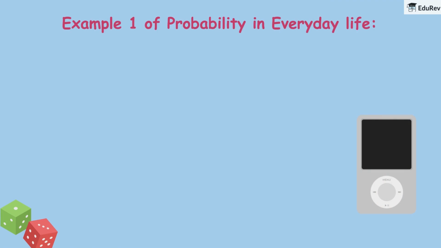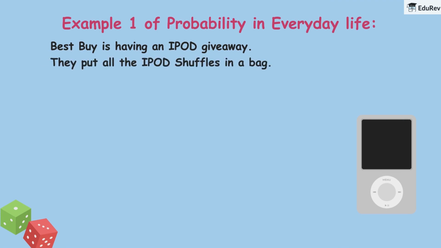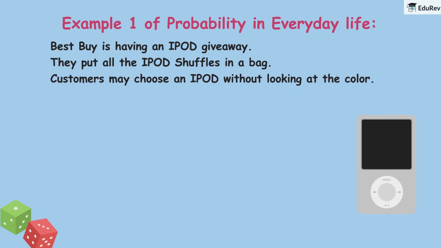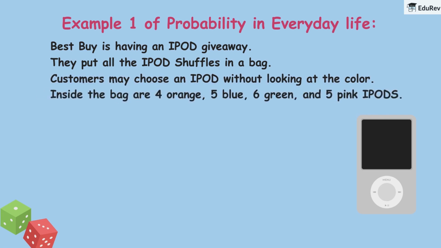Now, let's look at an example of probability in everyday life. Imagine Best Buy is having an iPod giveaway. They put all the iPod shuffles in a bag. Customers may choose an iPod without looking at the color. Inside the bag, there are 4 orange, 5 blue, 6 green, and 5 pink iPods.